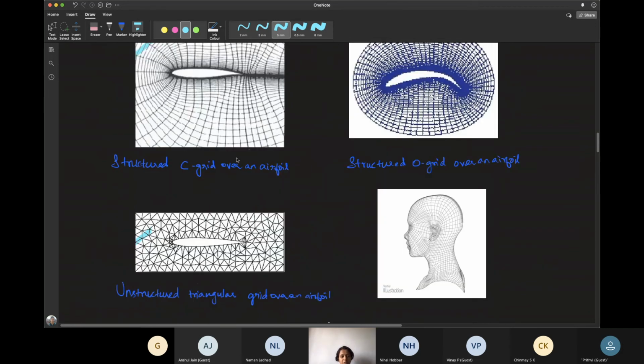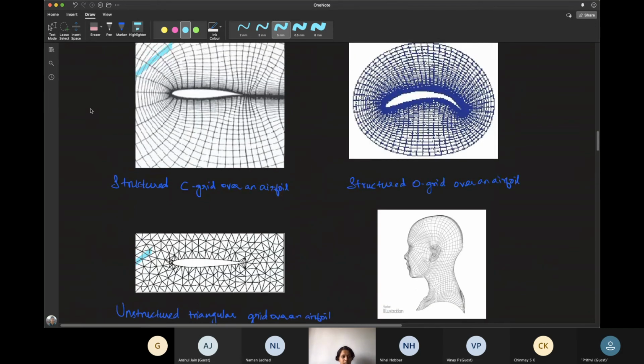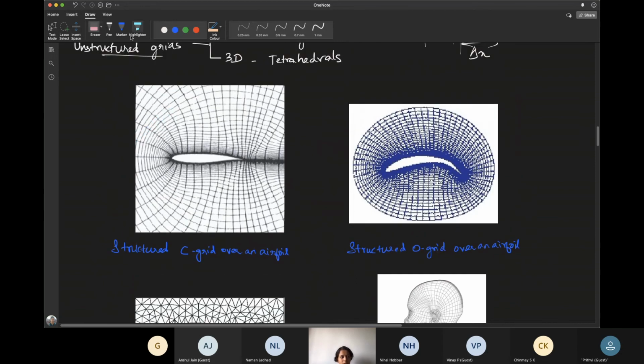The difference between structured and unstructured is that you can have some pattern in a structured grid. That is, there is a single line here that goes, even in the horizontal direction, you can trace a single line continuously. This is the pattern of the grid.